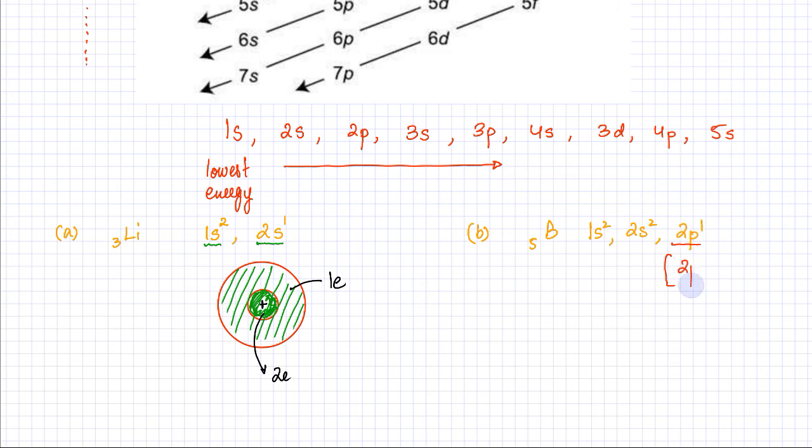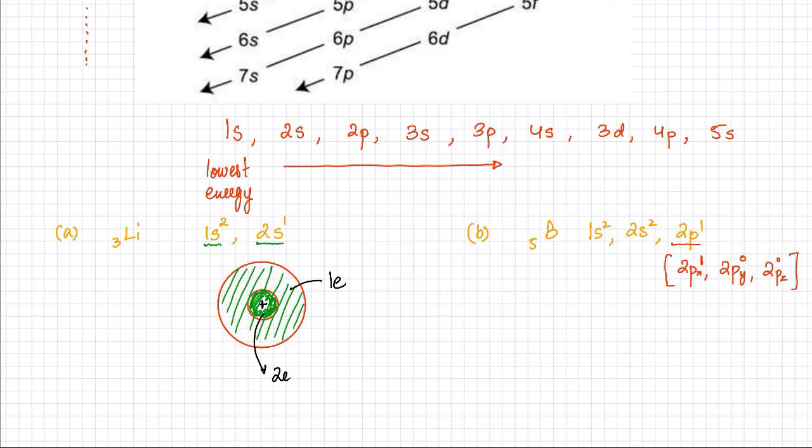One is the 2px, the other one is the 2py, and the third one is the 2pz orbital. Since it has 1 electron, 1 electron goes into the 2px, and the other 2 orbitals in the subshell are going to be completely empty. So that's the electronic configuration of boron.